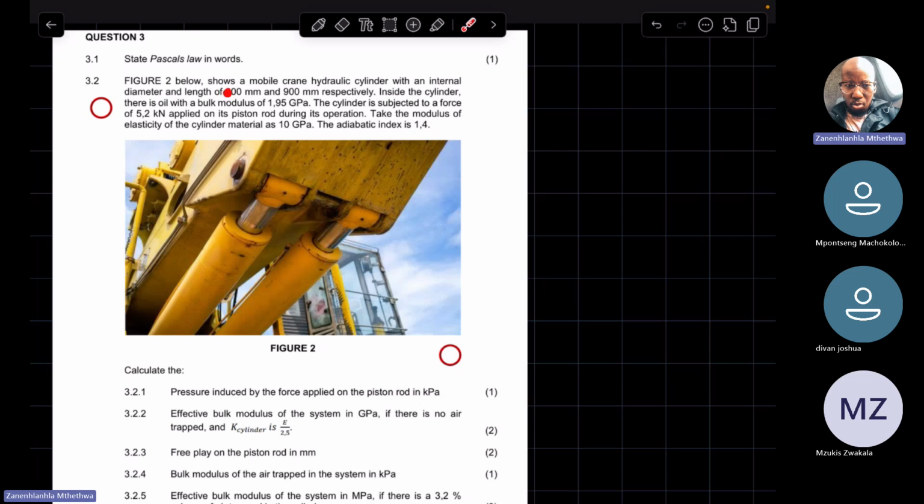Now, bulk modulus is similar. Not exactly the same. We can say it's more or less the same, but I think the term similar does this more justice. It's similar to Young's modulus, because Young's modulus and the bulk modulus both fall under the modulus of resilience of a material.